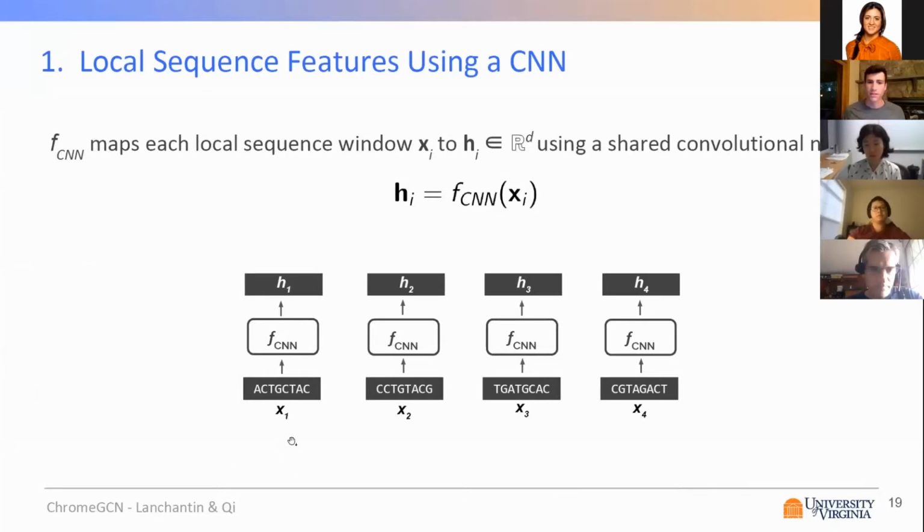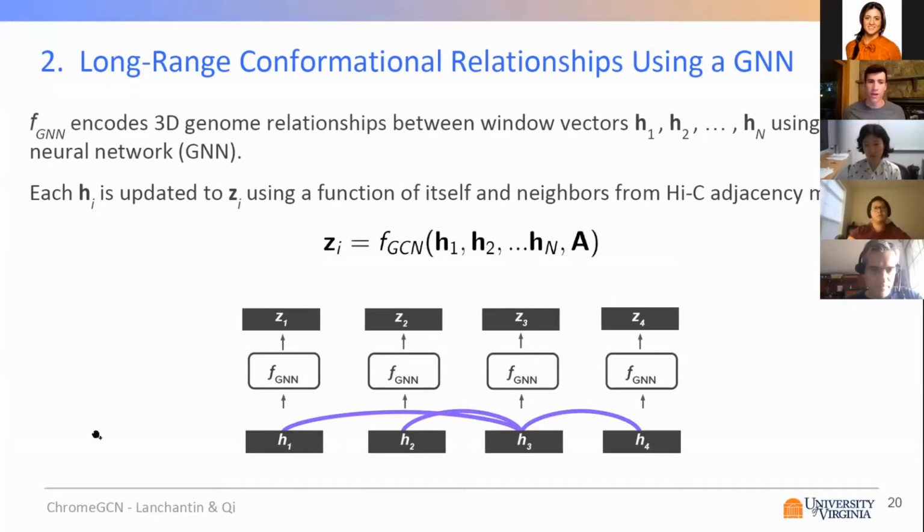This is done for each window independently of one another: for each window, it takes in the sequence and outputs a vector representation that encodes that sequence information. Once we have these vectors H, the second module, which is the main contribution of our work, encodes this 3D conformational relationships between all windows, between all window vectors using a graph neural network.